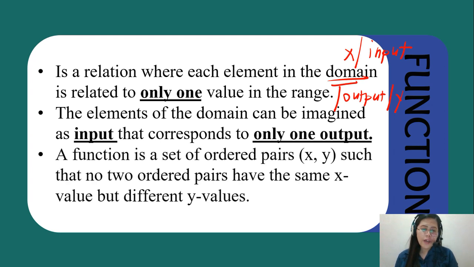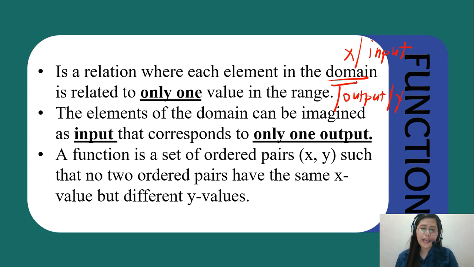And then a function is a set of ordered pairs x and y such that no two ordered pairs have the same x value but different y values. Ibig sabihin po, masasabi natin na ang isang relation ay function kapag wala pong naulit sa x values mo. Dapat sila ay unique, magkakaiba-iba. Masasabi mong function siya.